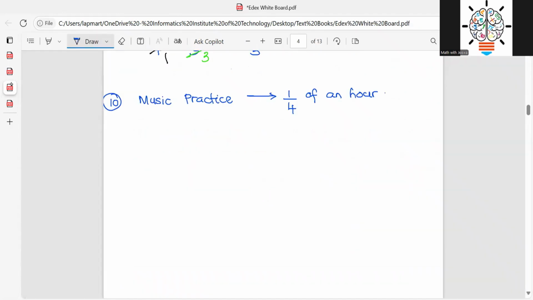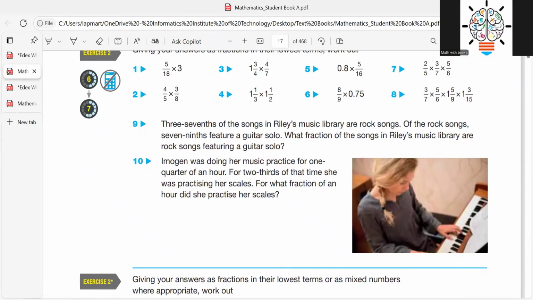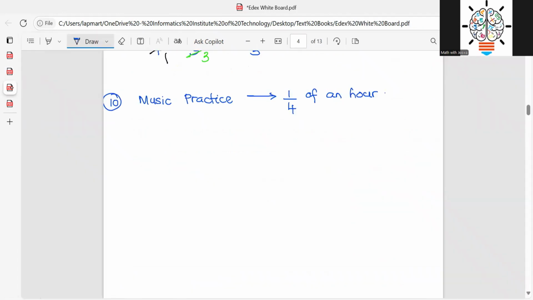So that is the most important thing, children. When you are doing the sums, you read the question properly. So it says, she was doing her music practice for 1/4 of an hour. For 2/3 of that time, she was practicing her scales. So how do you write this?